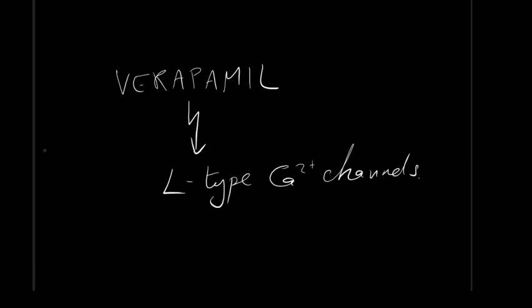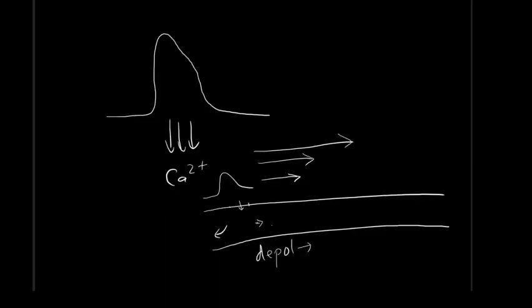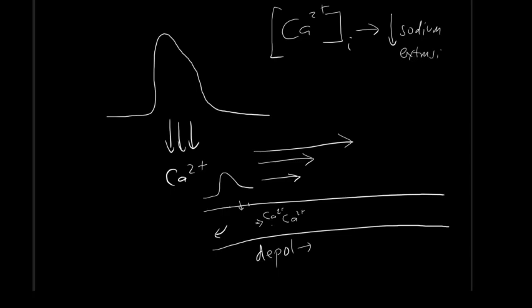The other thing that these calcium channel blockers do is, because there's less calcium entering the cell, you also get less build-up of calcium here, and you might recall that a build-up of intracellular calcium leads to a reduction in the extrusion of sodium, and that leads to depolarization, which leads to ectopic beats.